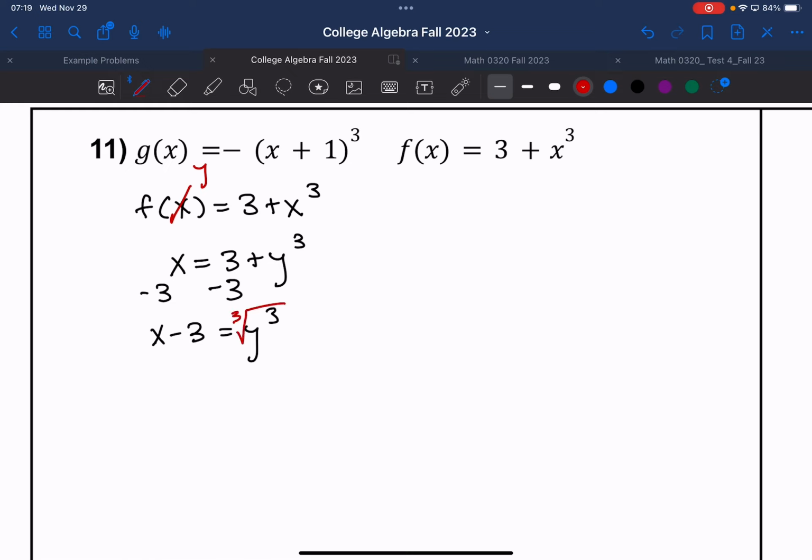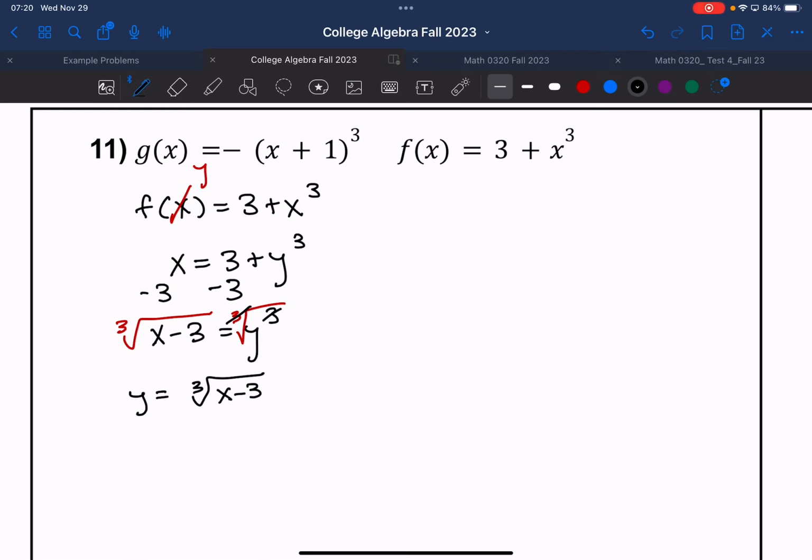So remember, if we have that nth root, in this case 3, match our exponent, which is again 3, they cancel out. So these cancel, and I'm going to put my y on the left side. So y is equal to the cube root of x minus 3.